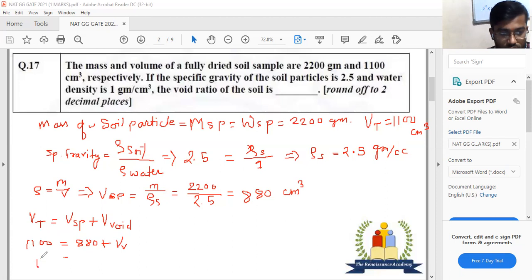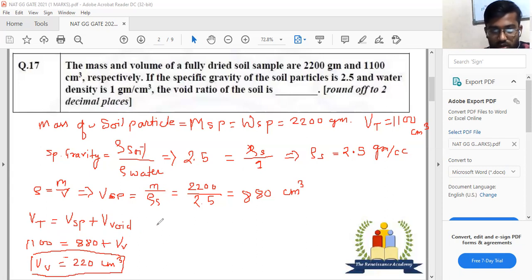You will get volume of void is equal to 220 centimeter cube after subtracting 880 from 1100. Okay. Now we have volume of void. Now we need to calculate void ratio of the soil. So we know the basic formula, void ratio denoted by e is equal to volume of void upon volume of soil particle.